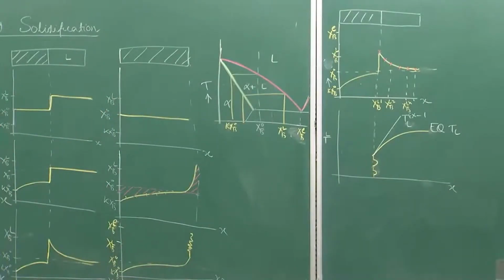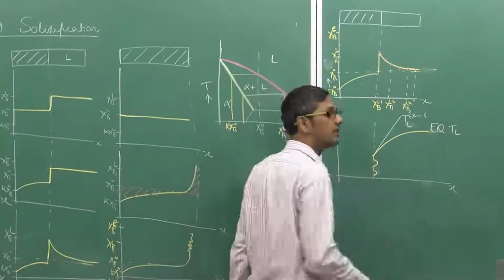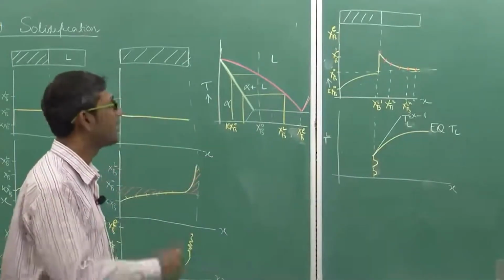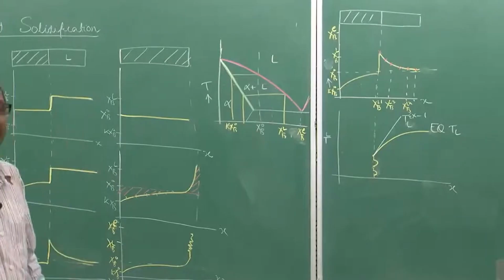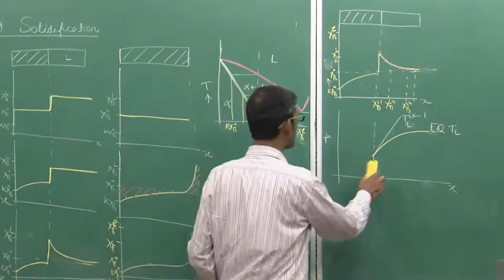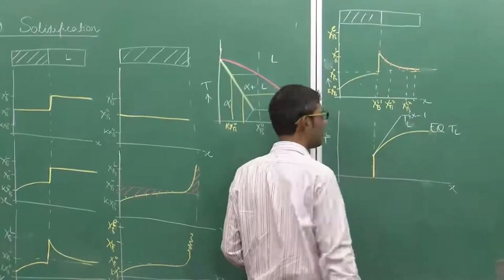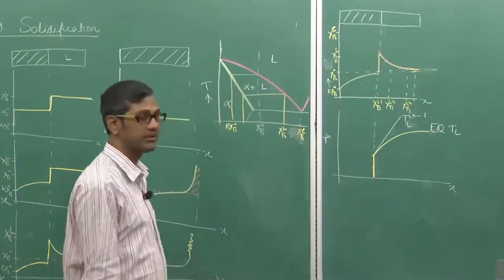If any features form and the interface becomes a little jagged, like the ones I showed you in the last lecture, they will melt back, and the interface will remain flat. So, this is experimental condition 1, in which the interface will remain flat and will not form any kind of features.